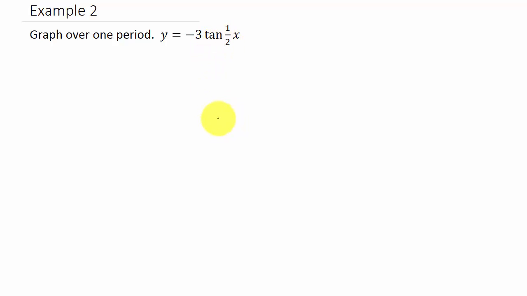Alright, how about this one? We've got y equals -3 tangent 1/2 x. I'm going to take the 1/2 x and set it equal to -pi/2, and take the 1/2 x and set it equal to pi/2.